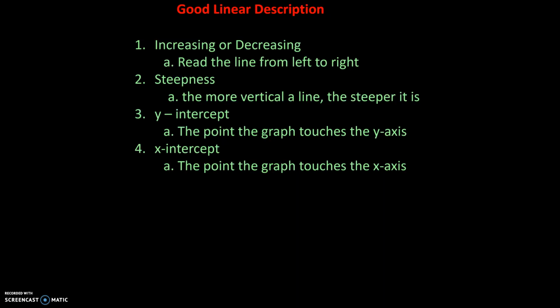Now also on page 11, how do you describe a line? Some things to talk about when we see lines on graphs: we can tell whether it's increasing or decreasing. So we read from left to right.